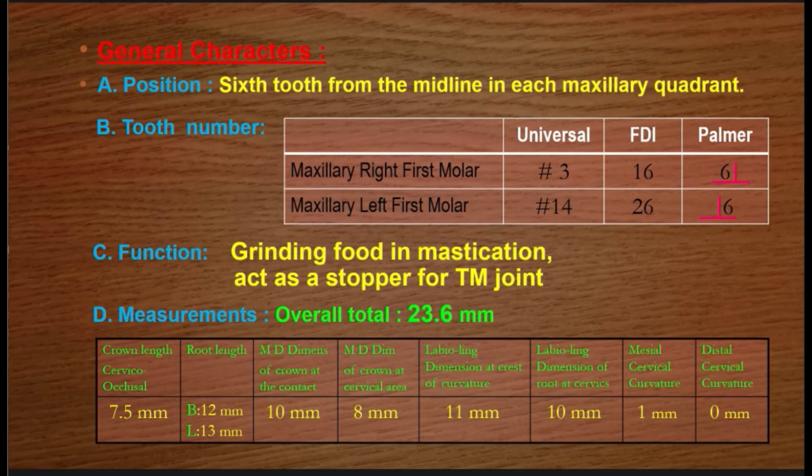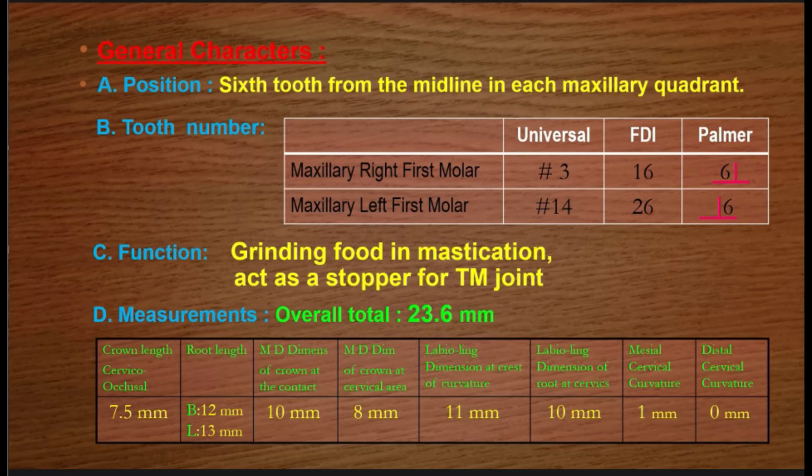Measurements. Overall total length is about 23.6 millimeter. This is a standard length for European people and American people because the study from where we take this measurement is from Wheeler, which is actually a British American book. So this may not be correct for Asian people or Saudi people or Indian people. It may be a little bit different. So the crown length, cervical to occlusal, is about 7.5 millimeter.